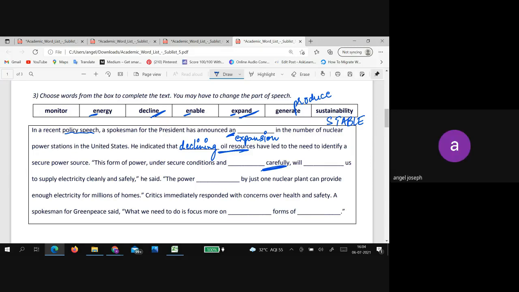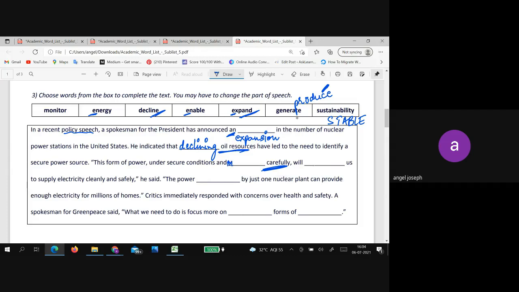Generate carefully under secure conditions? Okay, somewhere, because it is nuclear, that kind of thing can be possible, but there is another word that will come here. Somebody will monitor carefully. Monitor will come, or monitored will come?